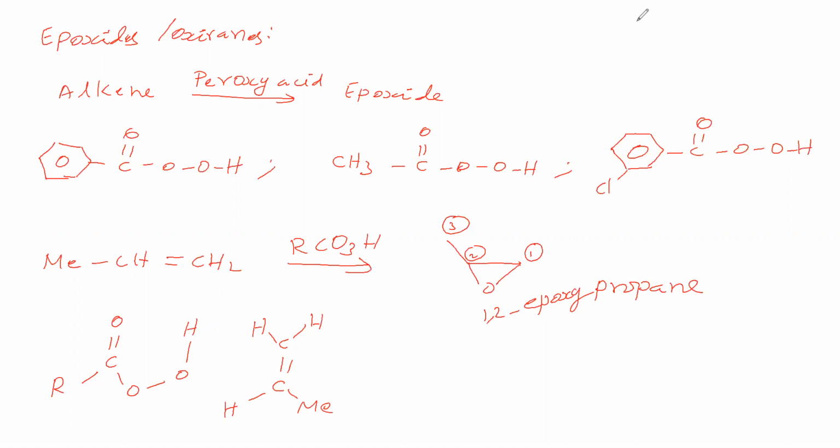Now we will see the chemical reaction, how it is possible. This bond is migrating, like this. The oxygen hydrogen bond is migrating towards this carbon side.